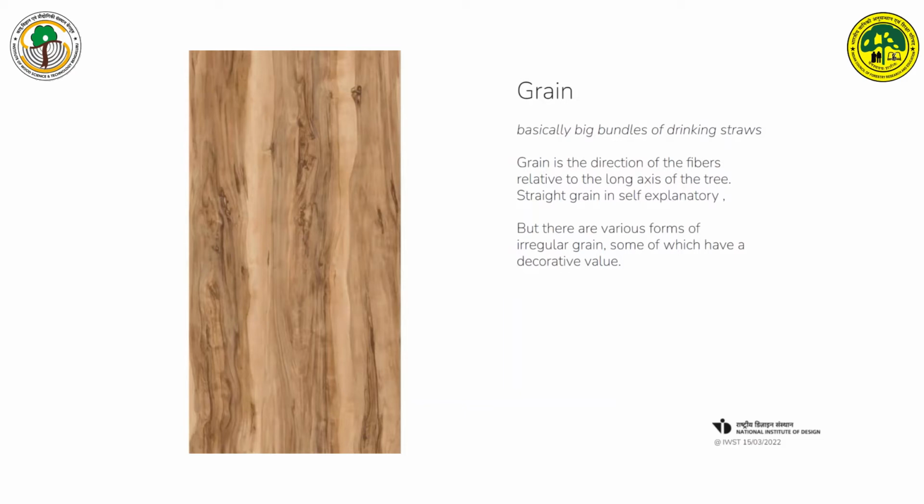And during this growth, this natural material builds a beautiful pattern which we call grain. It's a very important aspect of designing with wood that we understand the direction of the grain, which indicates the direction of growth of a wood trunk.